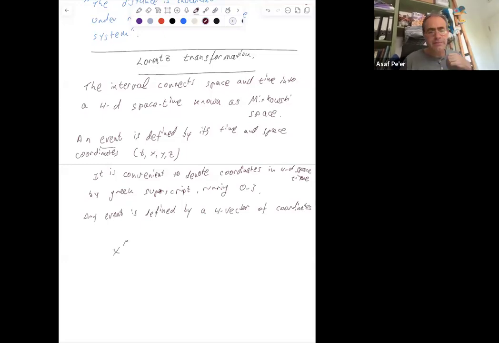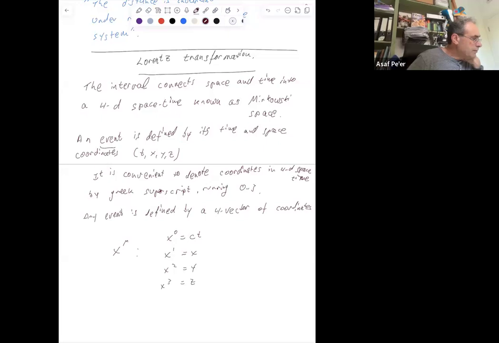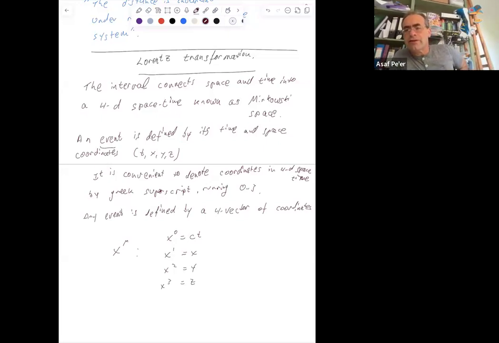It's an upper index, which is important, such that x0 is really ct, x1 is x, x2 is y, and x3 is z. And overall, we call it x mu. That's a convention. It's a language we use.